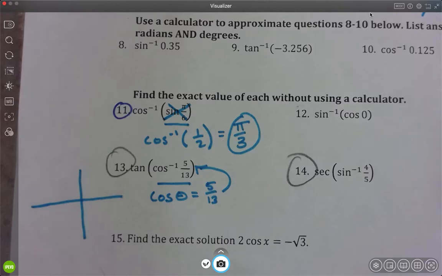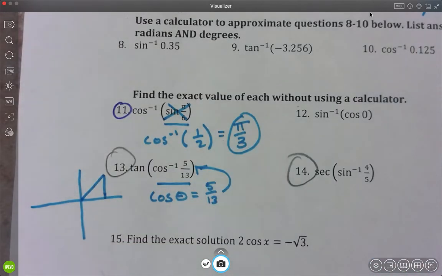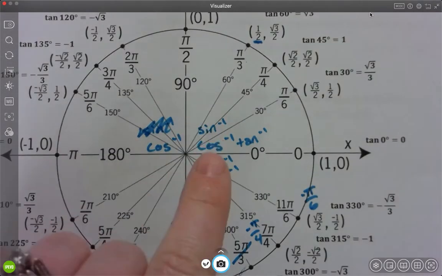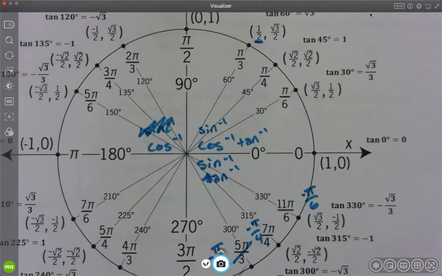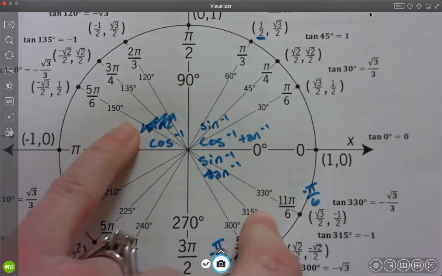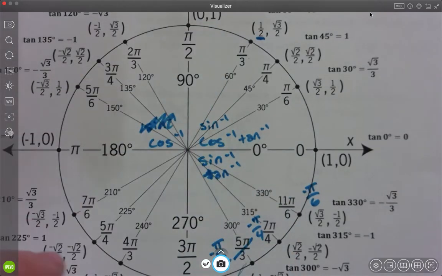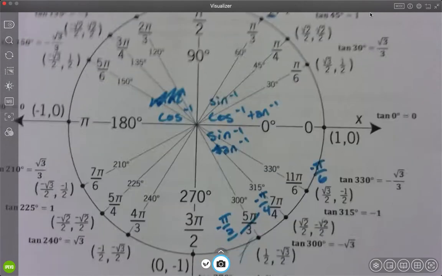Now, I always draw my triangle in the first quadrant, and I think I remember explaining to you before that the first quadrant is the only one where sine, cosine, and tangent all three live, okay? In the second and fourth quadrant, only cosine lives and only sine and tangent live. The third quadrant, inverse, doesn't live at all. So I'm going to draw my triangle in the first quadrant.